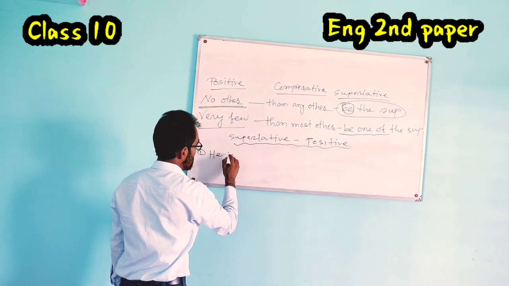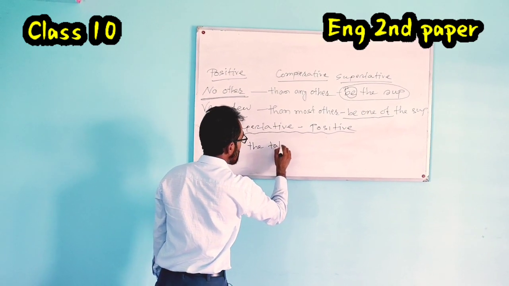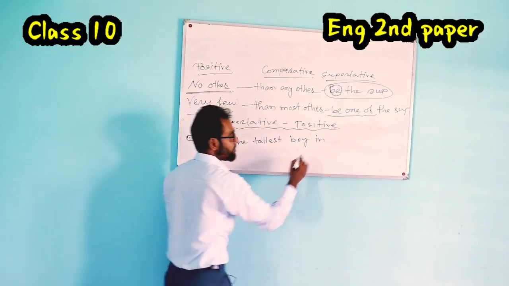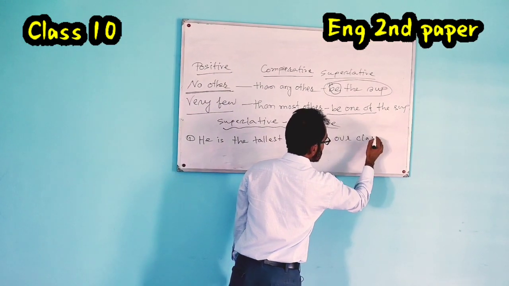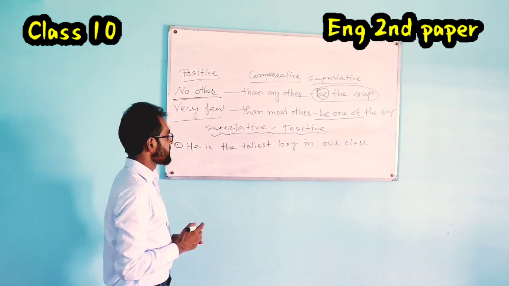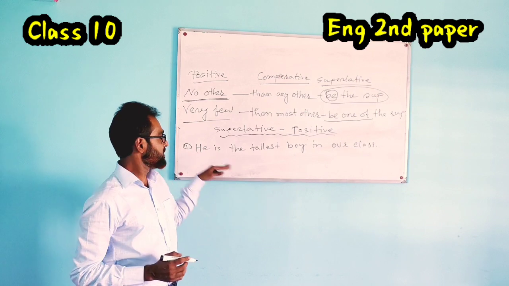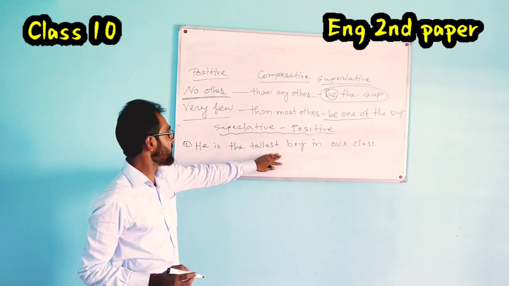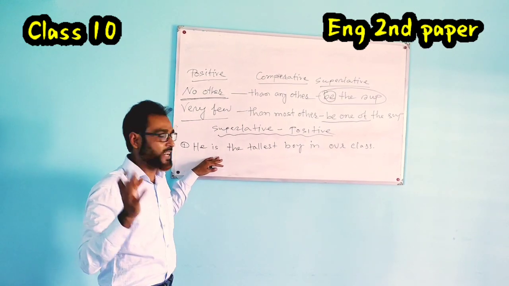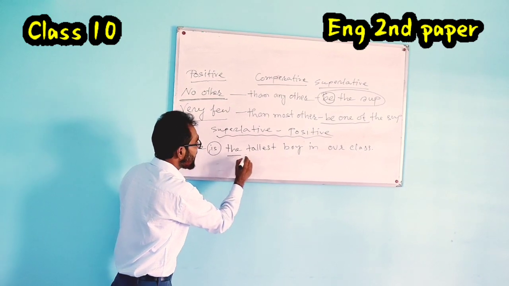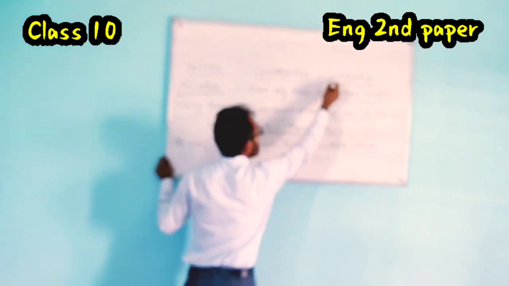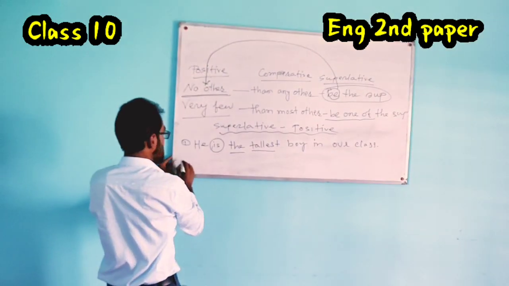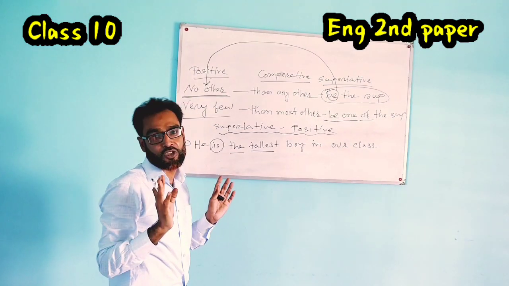He is the tallest boy in our class. Dear students, this is an example of a superlative degree. Why? We get here be the sup, so we can use no other if we want to transform it into positive degree.